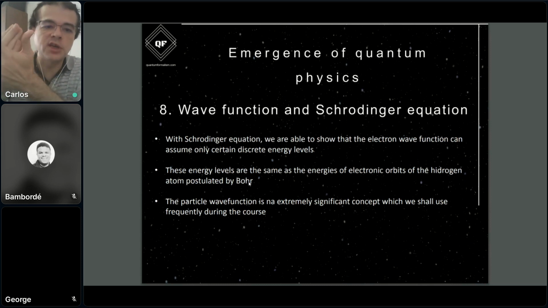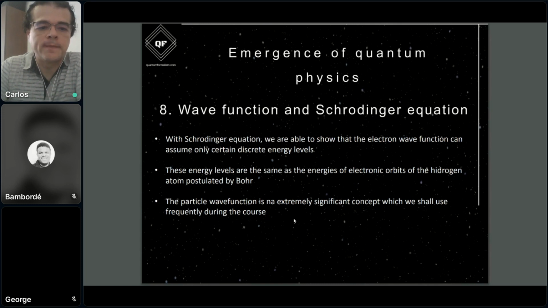I mean, the Schrödinger equation says, okay, Bohr is really right, at least for the hydrogen atom, right? For the other atoms, Bohr's system didn't work. And the particle wave function is an extremely significant concept which we shall use frequently during the course.